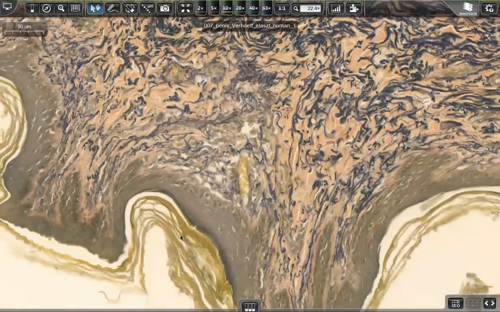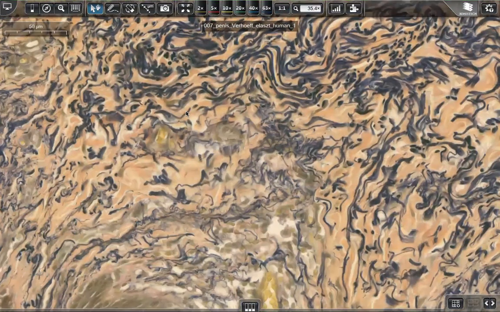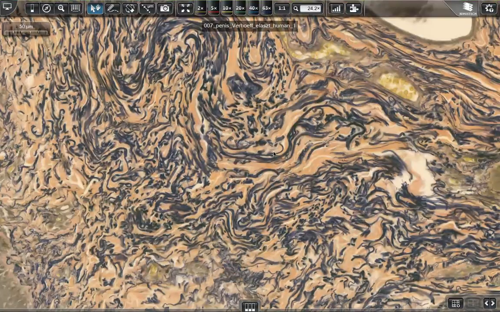Then underneath, these connective tissue fibers are well presented. The Verhoeff stains the connective tissue elements brown and dark colors.